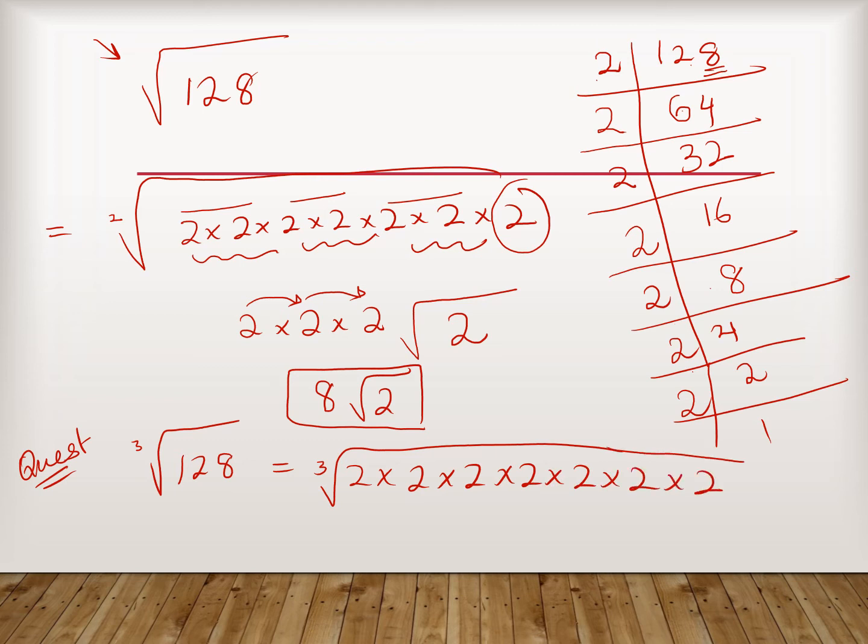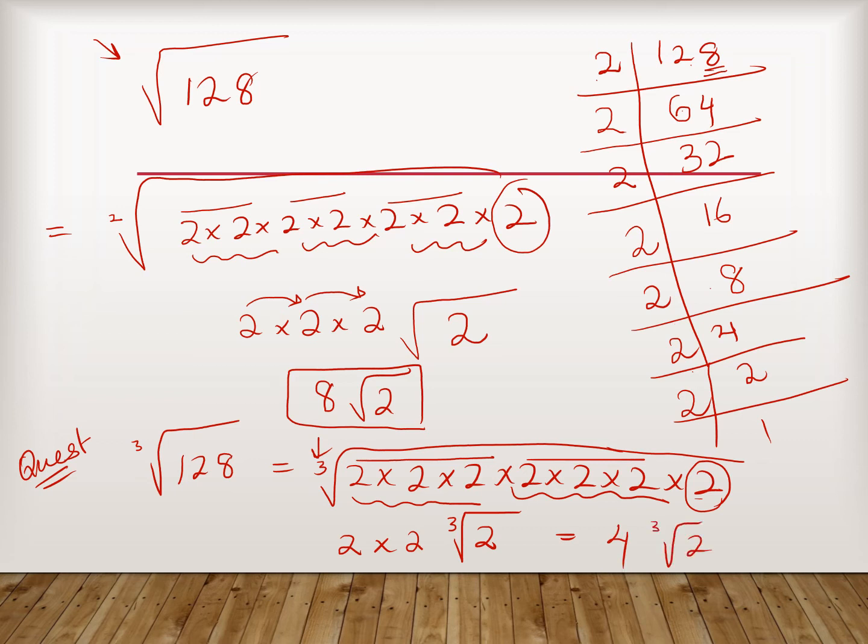Now here the index is 3, so you have to group these into groups of 3. It means 2, 2, 2 is one group, and 2, 2, 2 is another group. Now how many groups do you bring out? The first group gives one 2, and the second group gives another 2. And what is left? The cube root of one 2 is left inside the radical sign. Then what is the answer? 2 times 2 is 4, and here the cube root of 2.